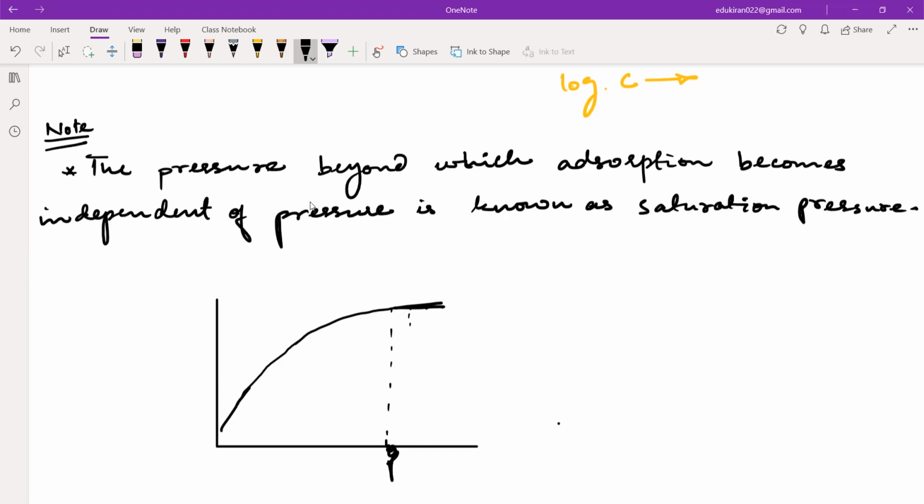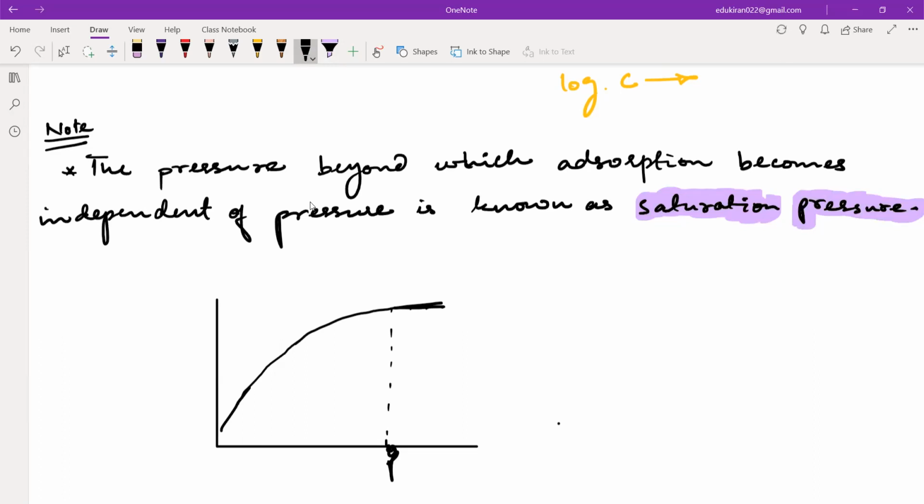That means after the saturation pressure, there is no effect of pressure. Even if I increase the pressure, there is no change in the amount of adsorbate on the adsorbent. Remember this, they can ask you directly, what is saturation pressure? The pressure after which adsorption becomes independent of pressure.